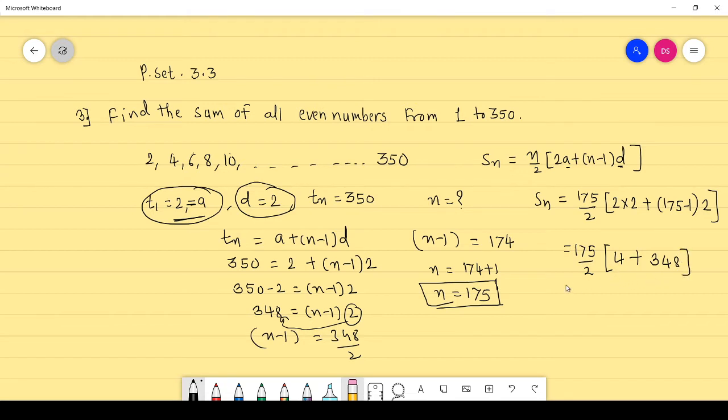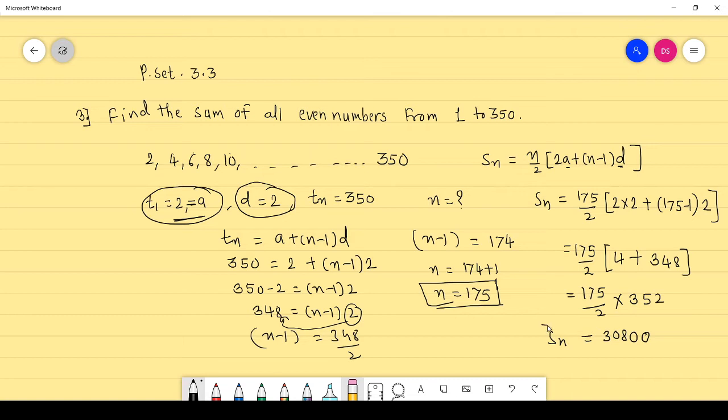Now that is 175 by 2 multiplied by 4 plus 348, that is equal to 352. So you can simplify this, multiply this, and you will get the answer, around 30800, right?